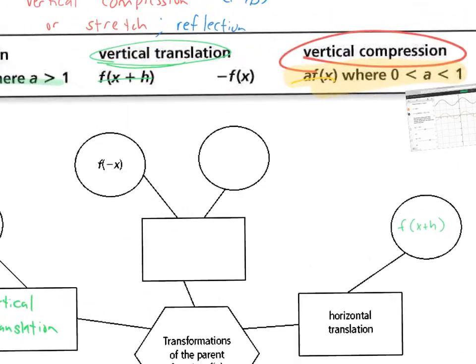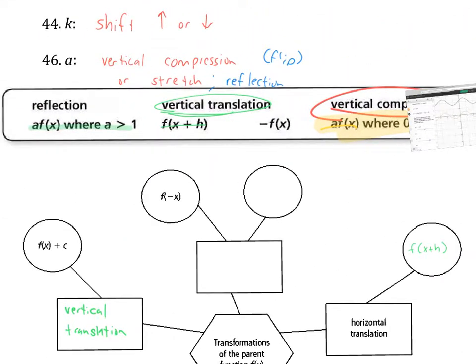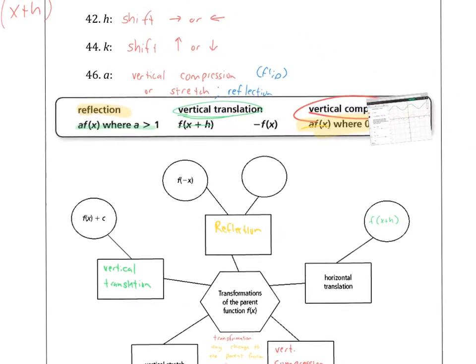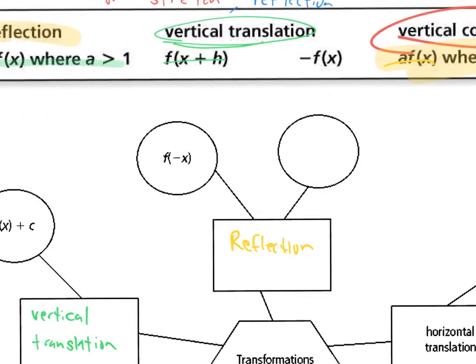All right, the last thing we have is reflections. And we've got two types of reflections.